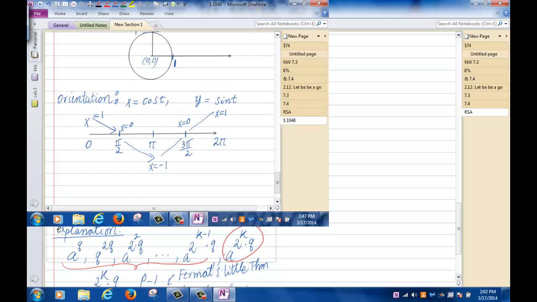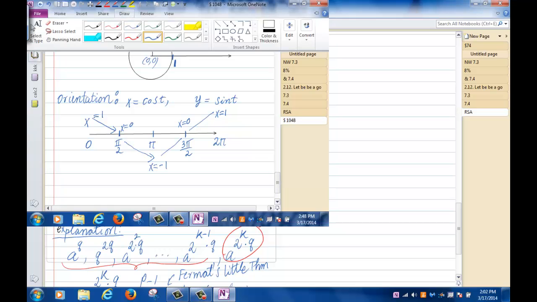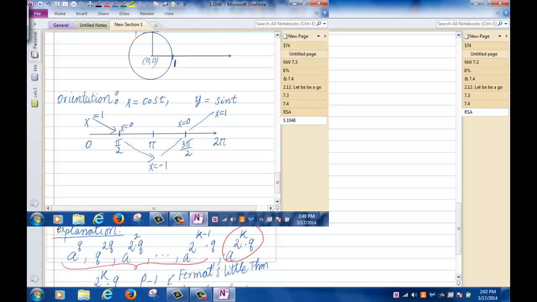Well, let's figure out what is happening to y, right? So what's the value of y at time 0? So let's write y here. So y is 0 at this point. And then is it increasing up to pi over 2? Okay, it is increasing up to pi over 2. And at pi over 2, what's the y value? Y value is 1.